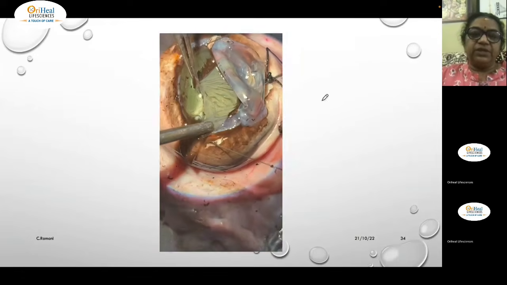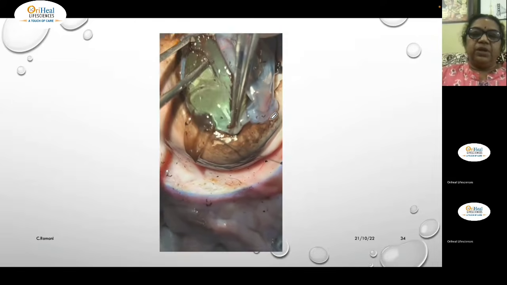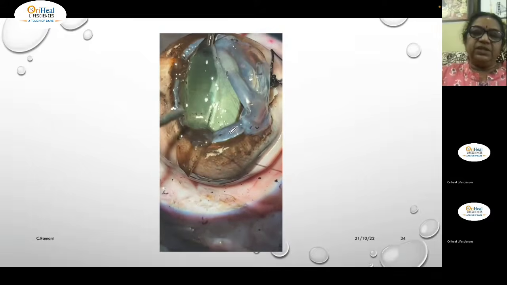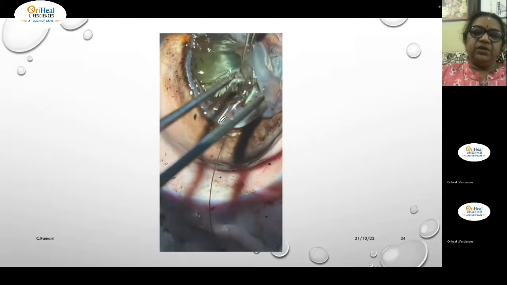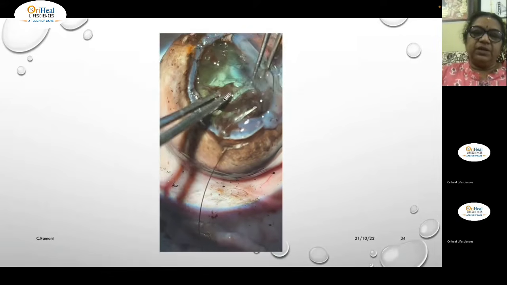You can also see this in this video. This is mainly to tell you the anatomical relationship between the pars ciliaris retina, the vitreous, and the retina. So this is the pars ciliaris retina.